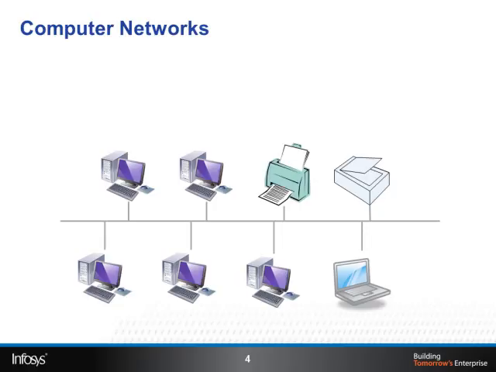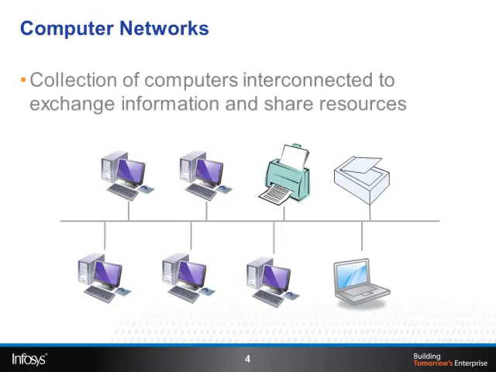A computer network is a collection of computers and other computing devices interconnected to exchange information and also share resources. The diagram shows how computers and other devices are connected in a network to exchange and share information.